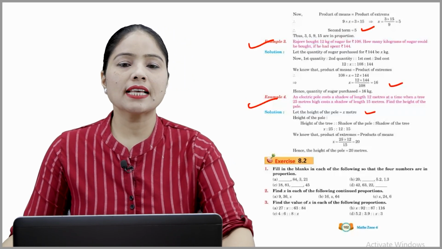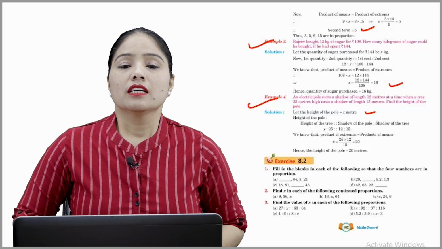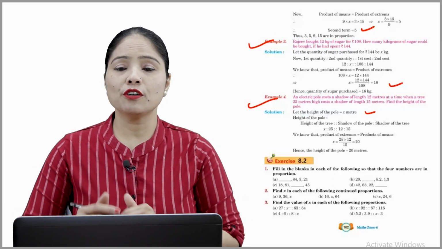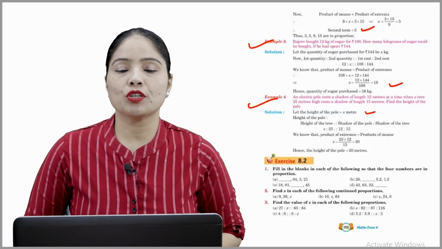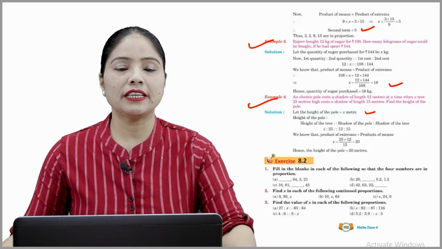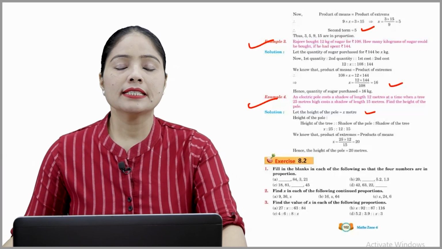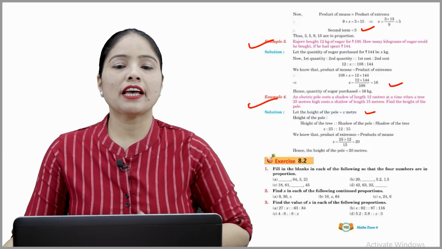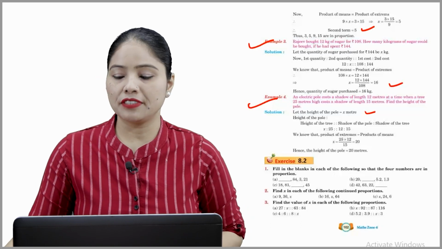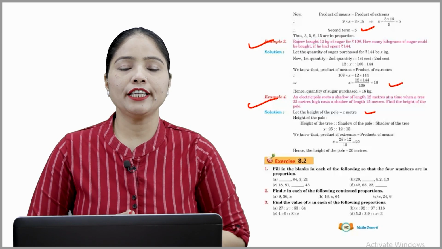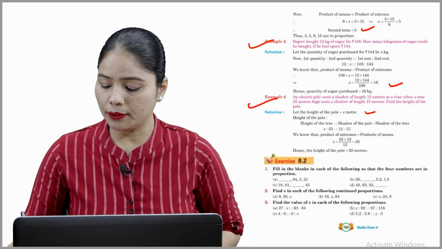Height of the pole is to height of the tree ratio shadow of the pole is to shadow of the tree. So x is to 25 ratio 12 is to 15. We know that product of extremes is equal to product of means. That is why x is 25 into 12 divided by 15, answer is 20 meters. Hence the height of the pole is equal to 20 meters.